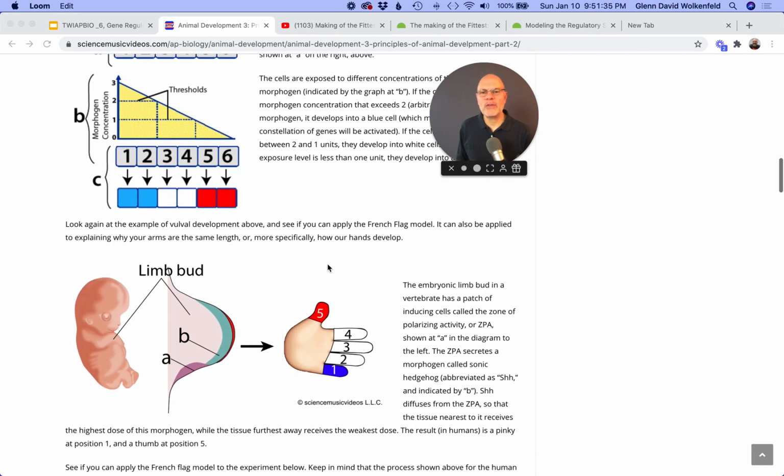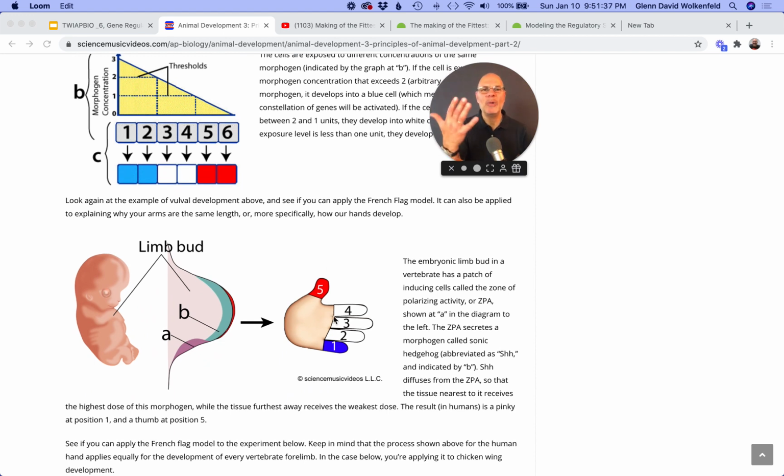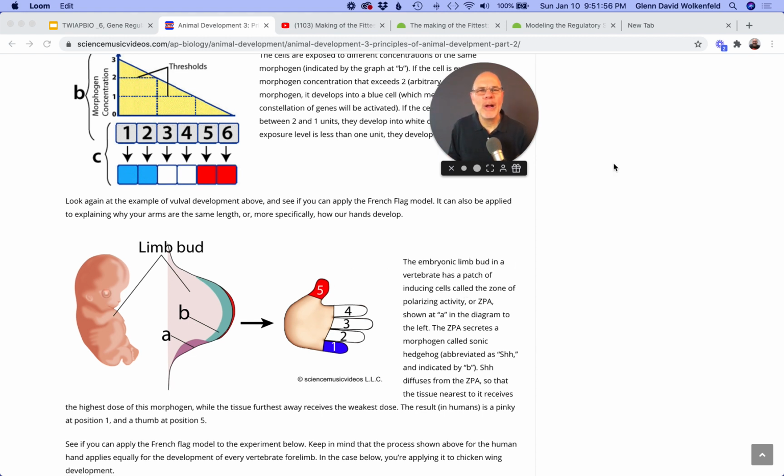There's the whole French flag model, how in the development of your hand did your pinky know to become your pinky and your thumb know to become your thumb? Well, that's all about, again, cells knowing what to develop into based on the signals that they're receiving. So basically, who do I grow into is kind of based on where I am and what signals I'm receiving.